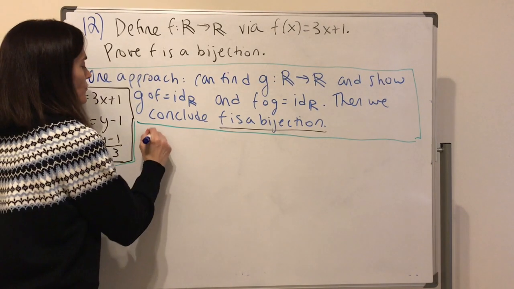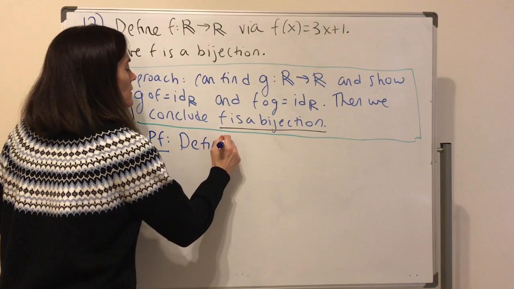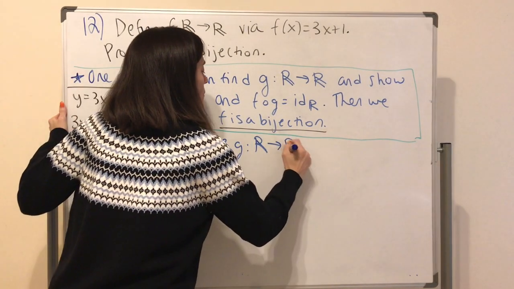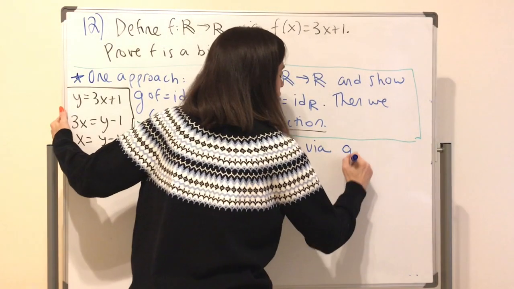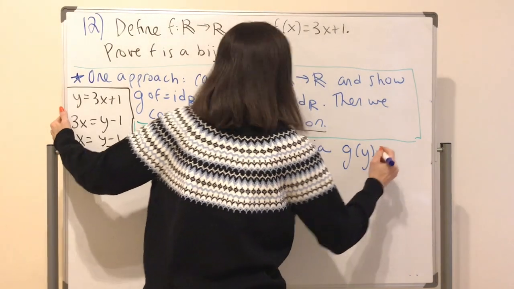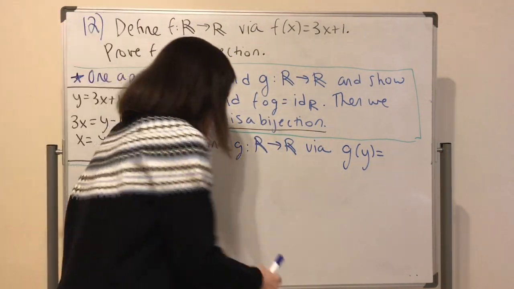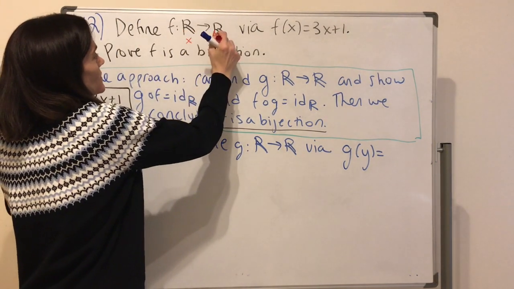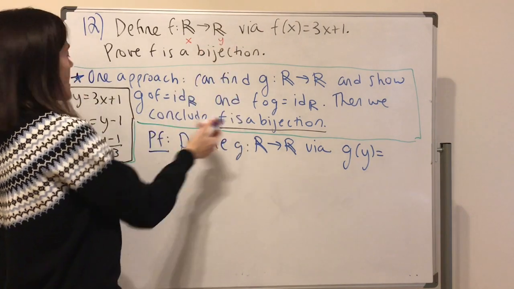Okay, proof. Well, let's define G from R to R via, now I'm going to use y here, G of y, just so that I try and keep my x's, maybe I'll write it here. The way I'm going to write it is my x's live here, and then think about y's here, and so y is f of x, right?